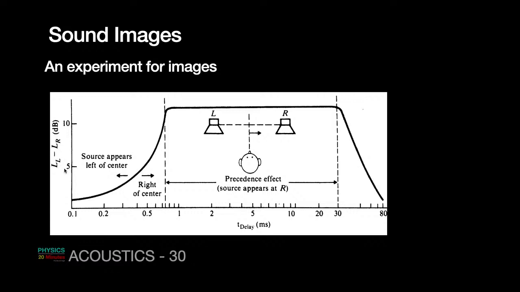The only issue is that it does not follow the curve beyond this point. Beyond this point, your loudness level will not compensate the delay. So we have seen this experiment in the last class.